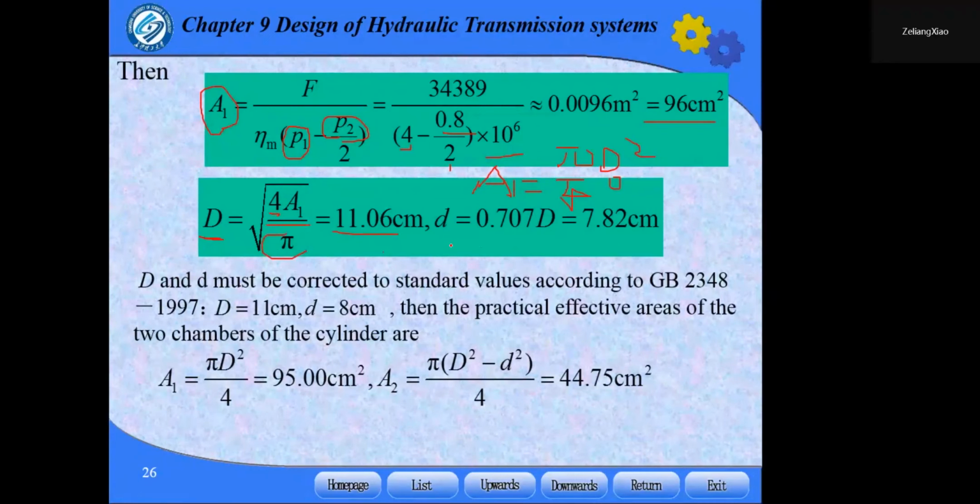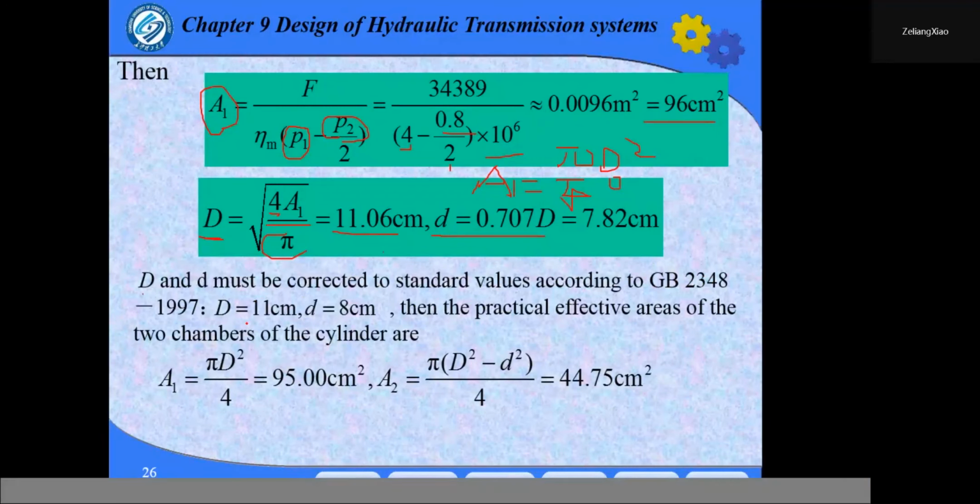Then we can get this diagram. D and d must be corrected to the standard values according to this standard. So we choose the integer number.